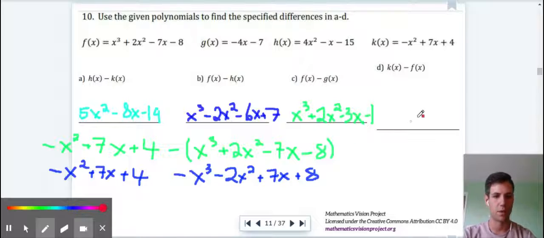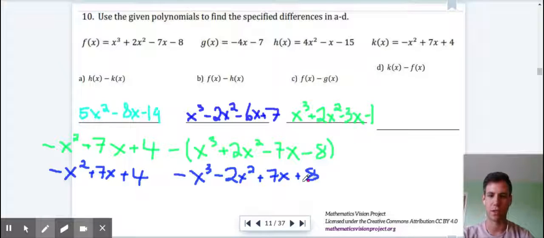So let's do that in our answer space over here. So if we're looking through all of this, we only have one x cubed term. So that can go in first. We have negative x cubed. And we have two x squared terms, 1 and 2. So negative 1 and negative 2 is negative 3x squared. And we have an x term and an x term.